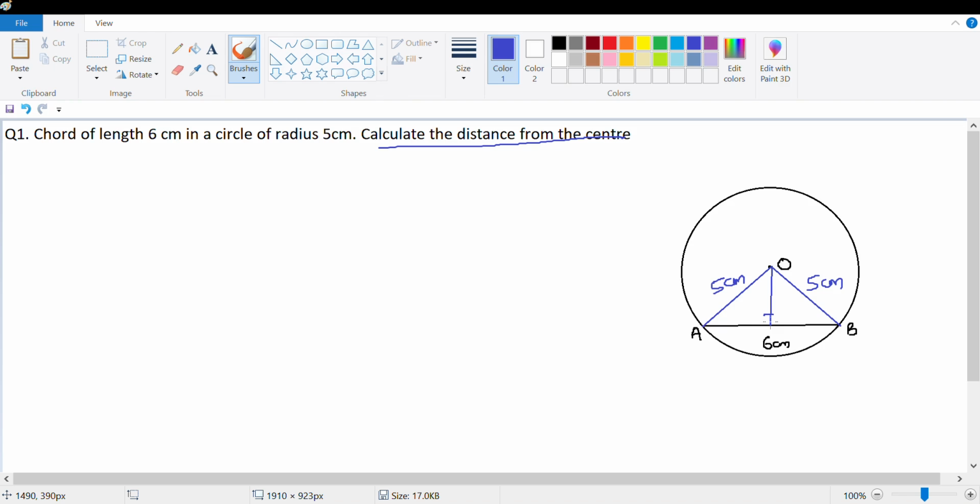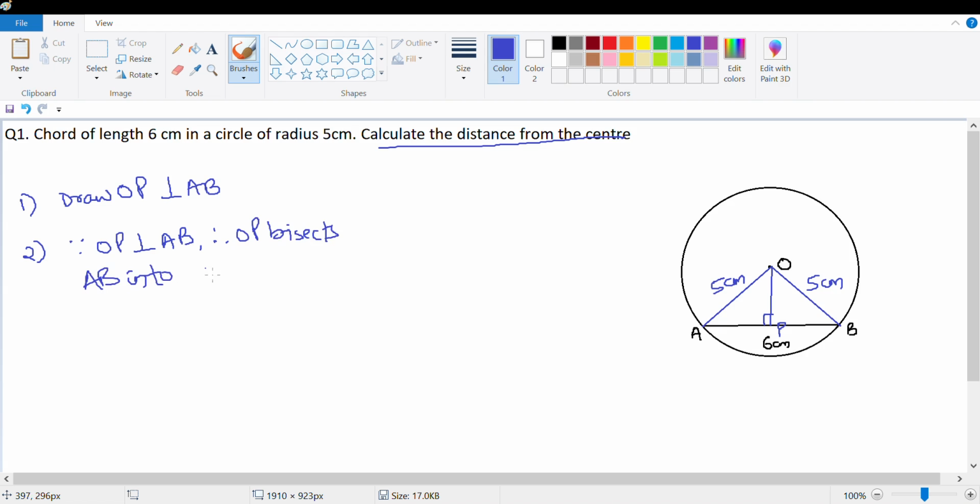Let's just write this down. Let this point be P. So point number 1, draw OP perpendicular to AB. Since OP is perpendicular to AB, therefore OP bisects AB into two equal parts.